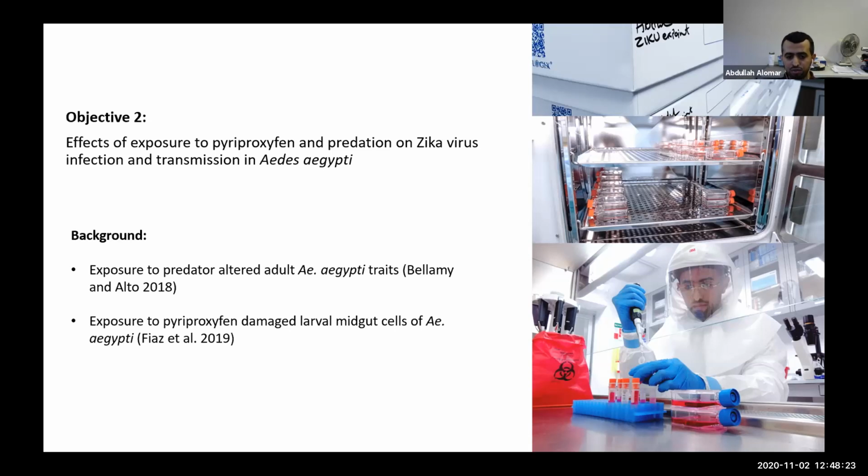So these observations suggest that exposure to pyriproxyfen and predator during the immature stages can have non-lethal effects on adults, which may alter their immunity and susceptibility to Zika virus infection and transmission, as observed with other insecticides.